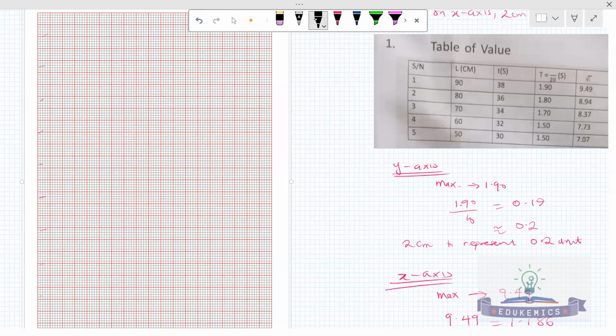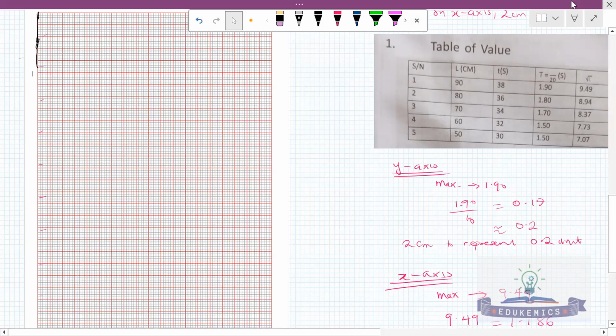So use your ruler and draw your vertical line. So I'm using black. Should be straight. I'm using my hand. Okay, let me use the ruler.